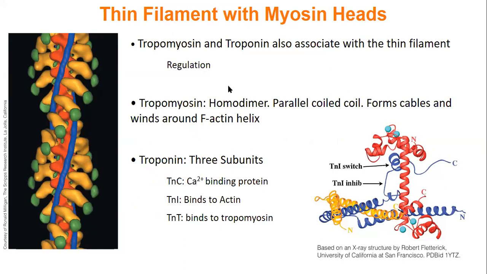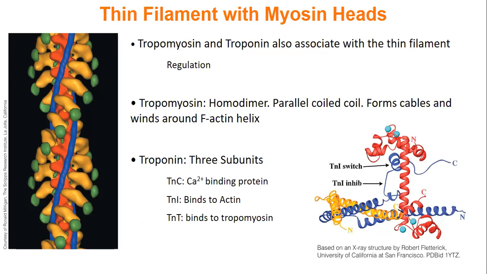Are those shown on the picture on the right? Kind of. What we're seeing on the picture on the left, I think you meant left, is an electron microscope image of tropomyosin and troponin binding. I have to remember this, it's been a while.